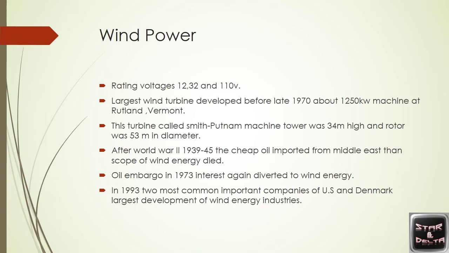In 1941, this turbine, called the Smith-Putnam machine, had a tower height of 34 meters and a rotor 53 meters in diameter, which was a great invention at that time.